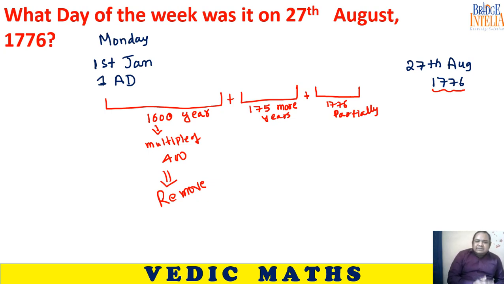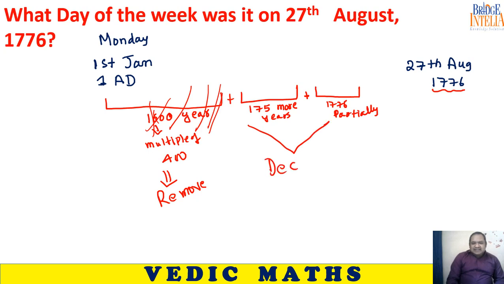Your answer will not be affected. I don't have to do calculation for all this. So my answer basically depends on the deciding factor: 175 years plus the year 1776, which is partially going on. We have to solve only this much.